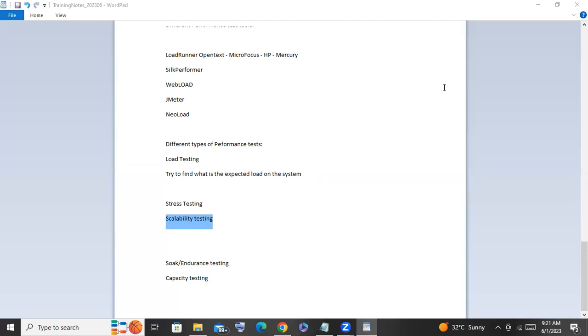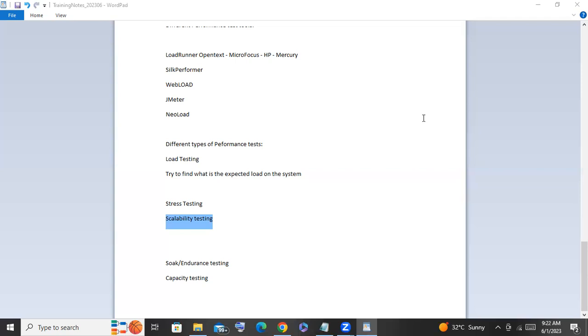No, not to what extent we can increase the users. That's a different type of testing, guys. We know that this is the number of users that you are going to expect after a certain amount of time, say 3 years, 5 years, or whatever.